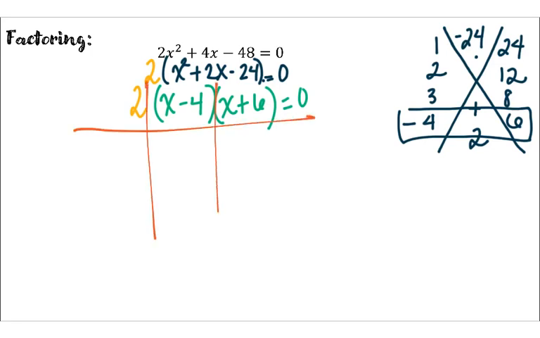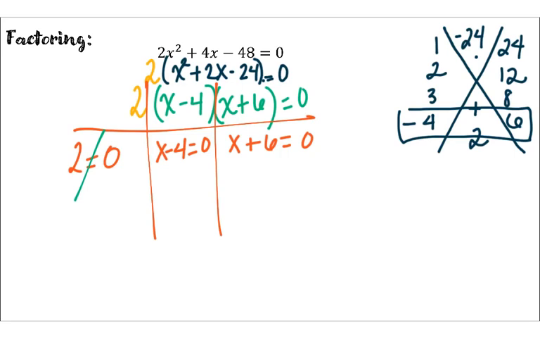From here, using the zero product property, which states that each of these things being multiplied can be set equal to 0, we can say 2 is equal to 0, x minus 4 is equal to 0, and x plus 6 is equal to 0. Well, 2 equals 0 does not make sense and cannot happen, so that doesn't even count as a solution.